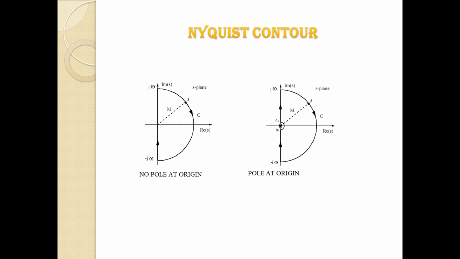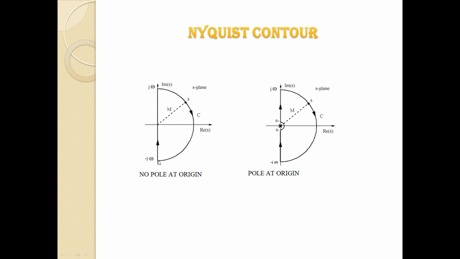Next, section 2 means this whole semicircular arc with infinite radius, and here omega varies from plus infinite to minus infinity. This semicircular arc has the infinite radius, and here theta varies from plus 90 degree to minus 90 degree.